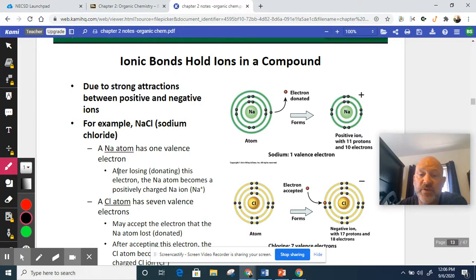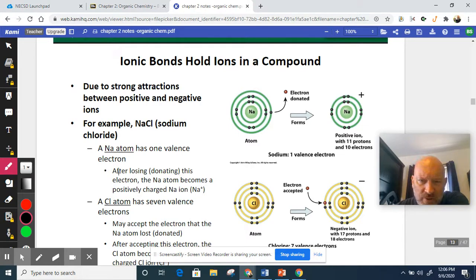Sodium has 11 electrons. This is going to make sodium very unhappy because, like all the other atoms, it wants to have its outermost shell completely filled. So sodium is going to be interested in getting rid of this 1, donating that 1. Then what will be left is the shell underneath that is completely filled, and that will make sodium happy.